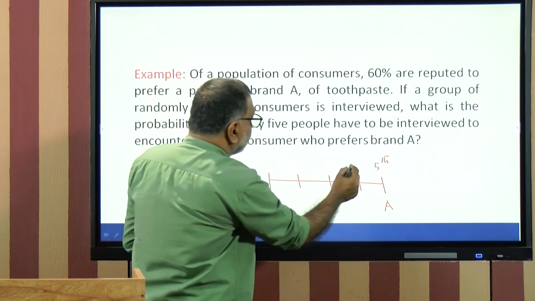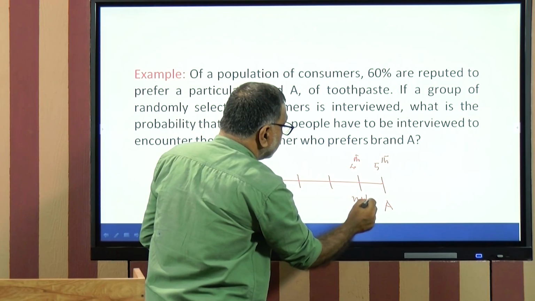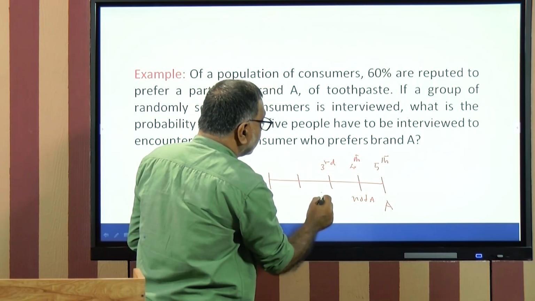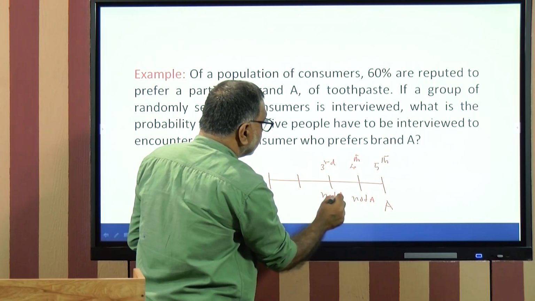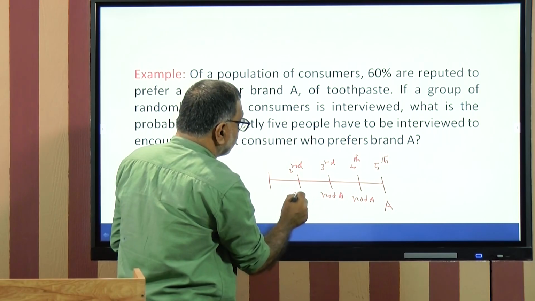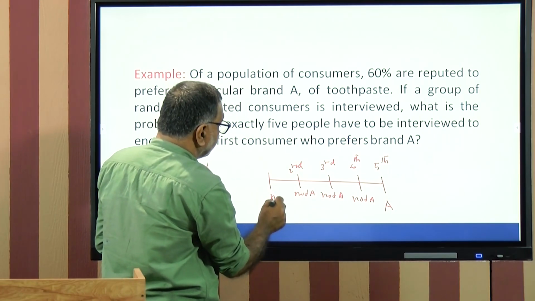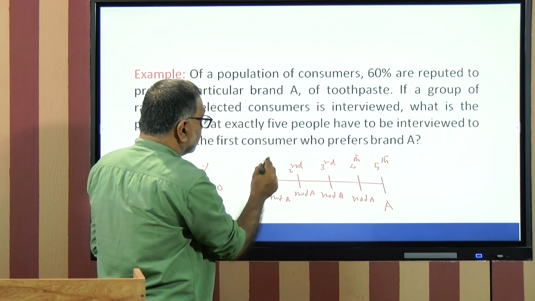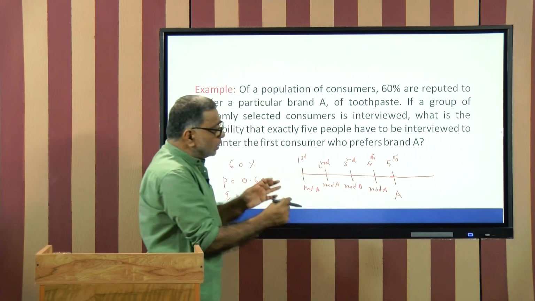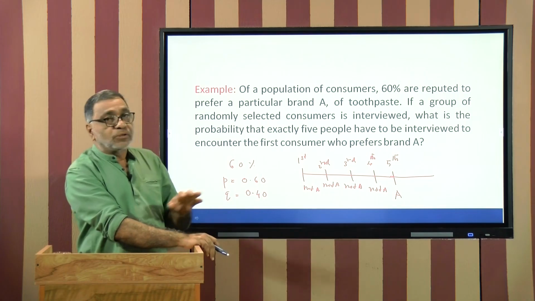So, that means the fourth person interviewed is not preferring brand A. Third one not preferring brand A. And second person not preferring brand A. And first not preferring brand A. So, we are interviewing persons whether they prefer brand A or not.